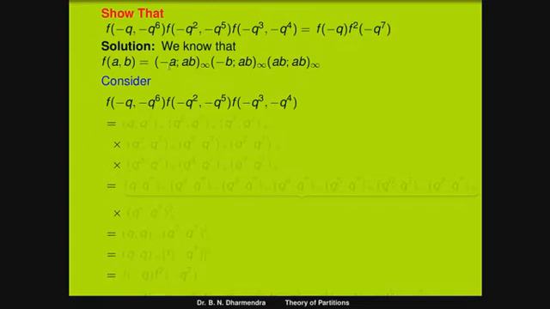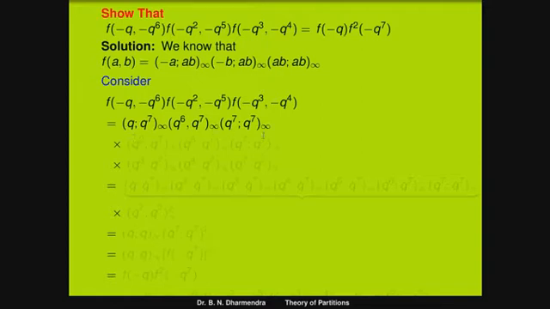So therefore, the first term is q to the power of 6, q to the power of 7 infinity, because the value of b is q to the power of 6. So a into b, that is q to the power of 7 infinity. The last term ab infinity means that is q to the power of 7, q to the power of 7 infinity.